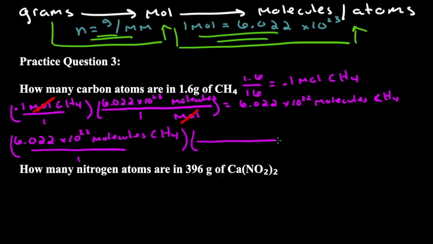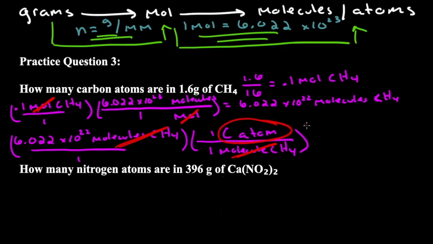For every 1 molecule of CH4, that's going to be 1 carbon atom. Now molecules of CH4 and molecules of CH4 cancel out, and I'll be left with carbon atoms. So I'm going to do Avogadro's number times 1 divided by 1, and that's going to be 6.022 times 10 to the 22nd power, and that's going to be atoms of carbon.